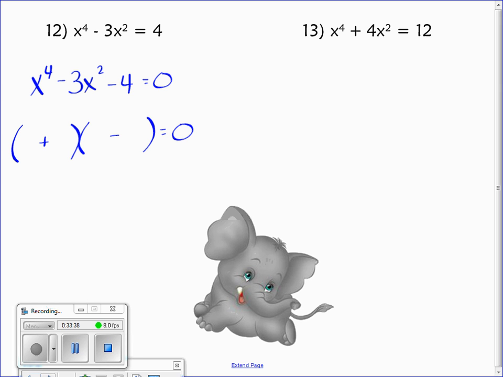All right, what are your options for A? x squared and x squared. Options for C? 1 and 4. Which one's negative? It's 4. If you check that, the 4 has to be the negative one. Set each of them equal to 0.